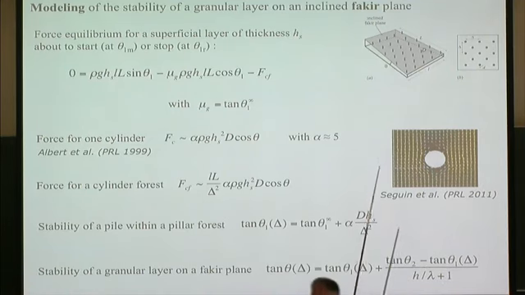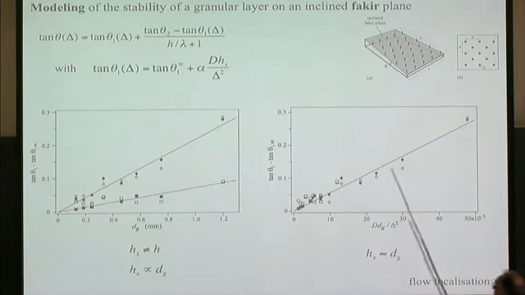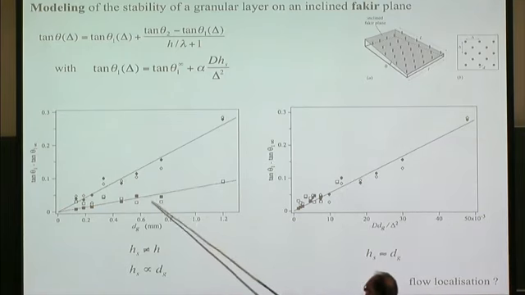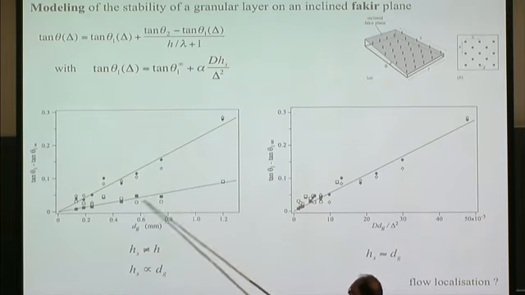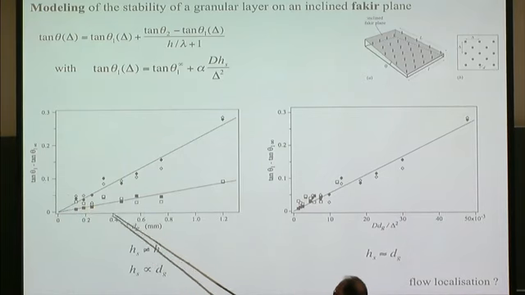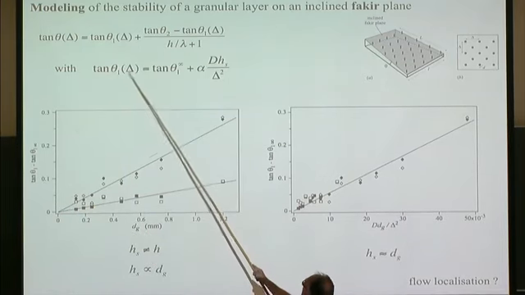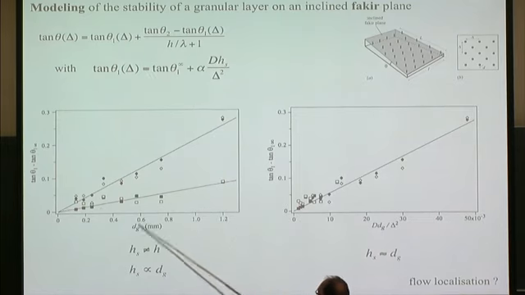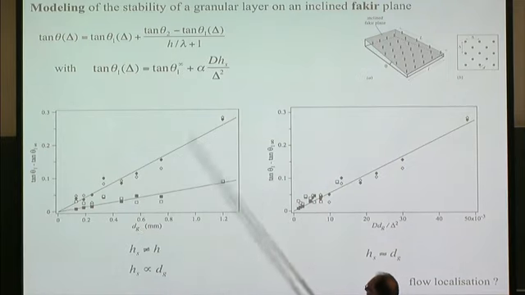And what we see is the following. I already showed you these curves, and what we see is that this term minus this term evolves as the diameter of the grains. So what we can conclude is that the superficial thickness that is destabilized, that flows, is in fact not all the layer, but only a few grains, or just one grain.